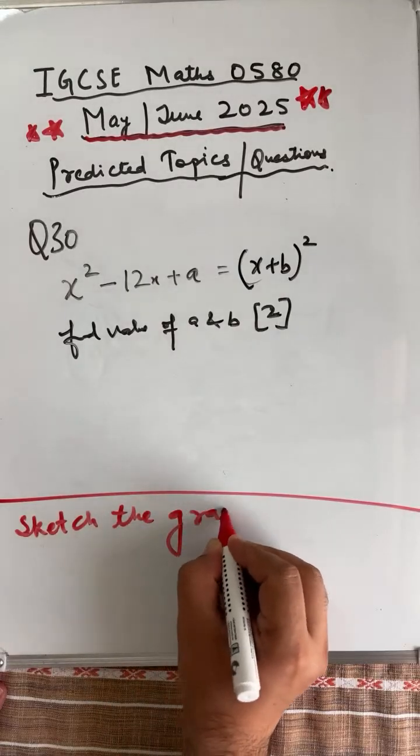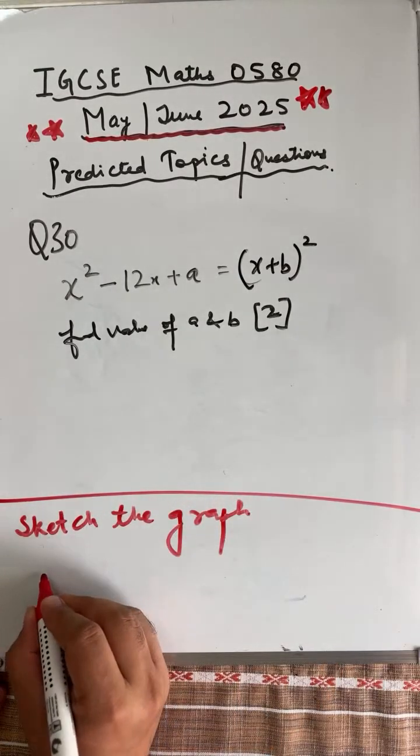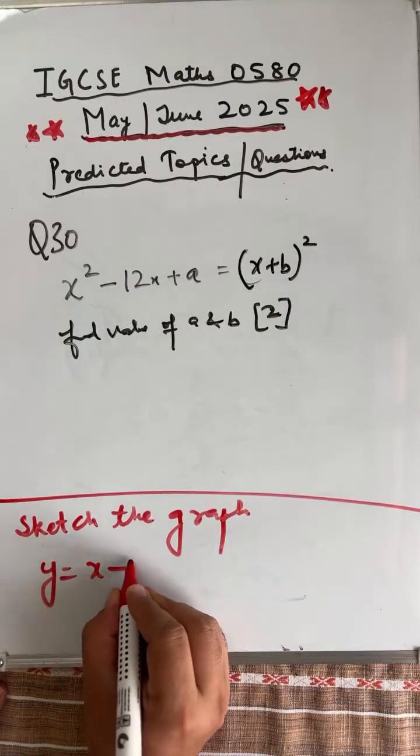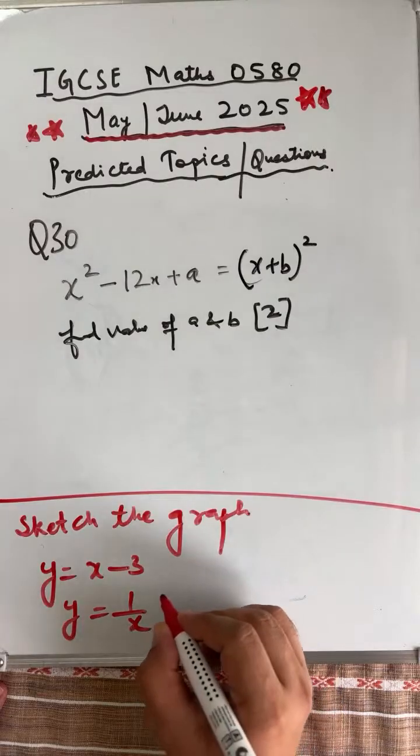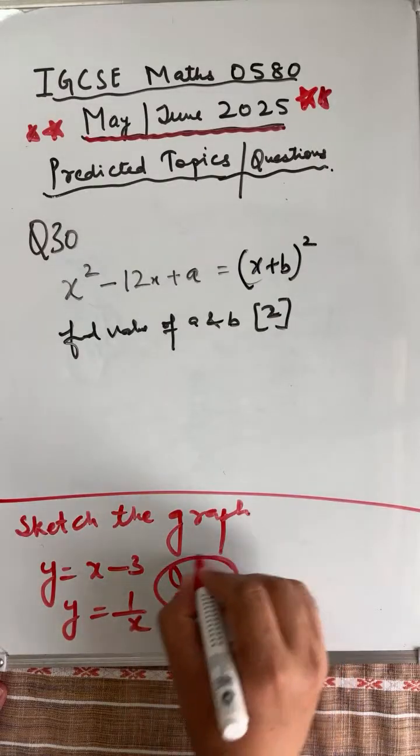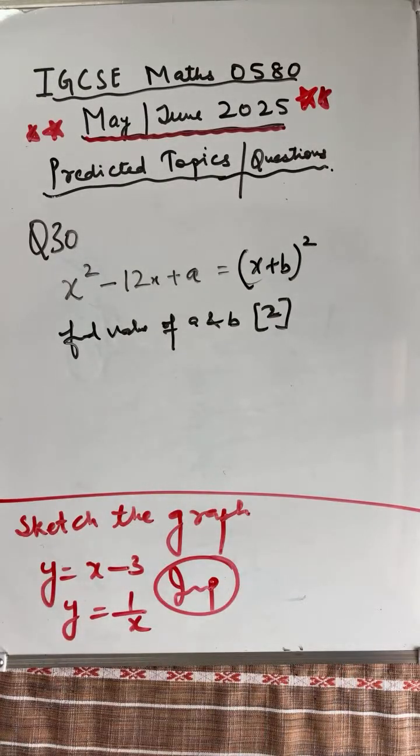Meanwhile, as we are doing this live, you can sketch this graph: y is equal to x minus 3, y is equal to 1 by x. This is important. Now we will be doing the questions of vectors also.